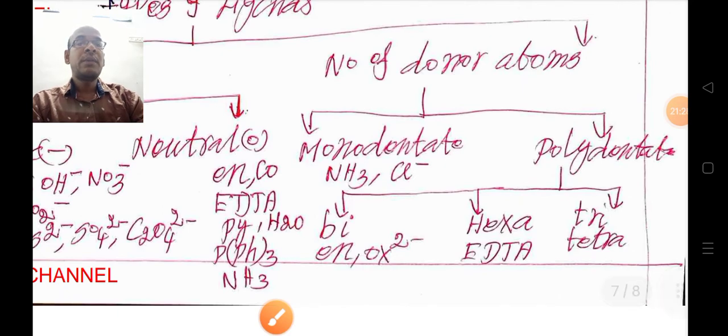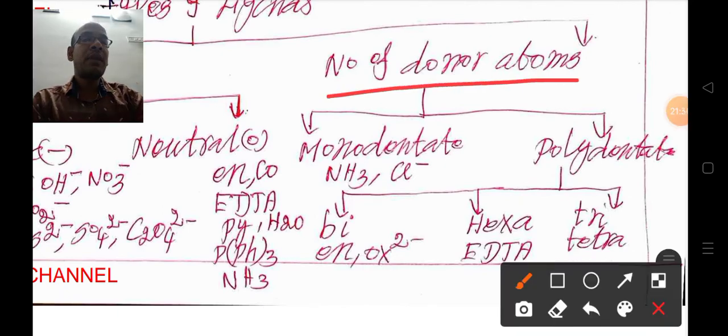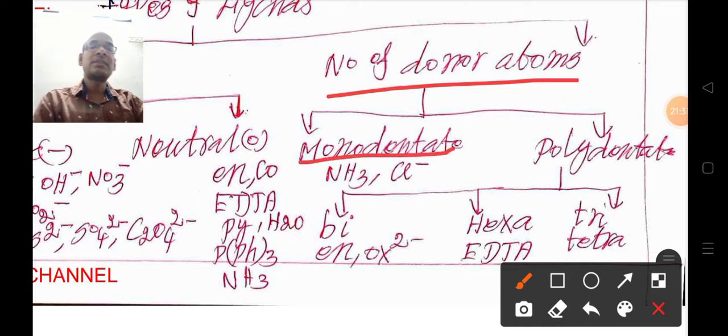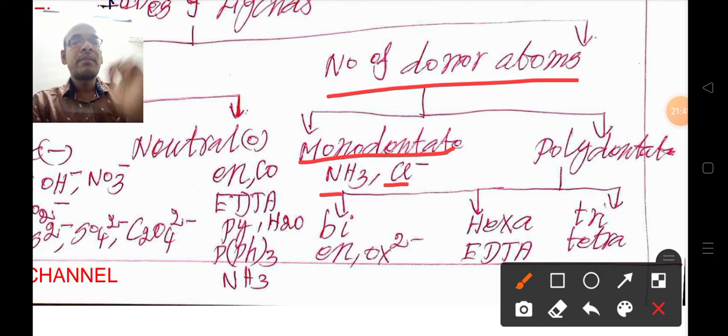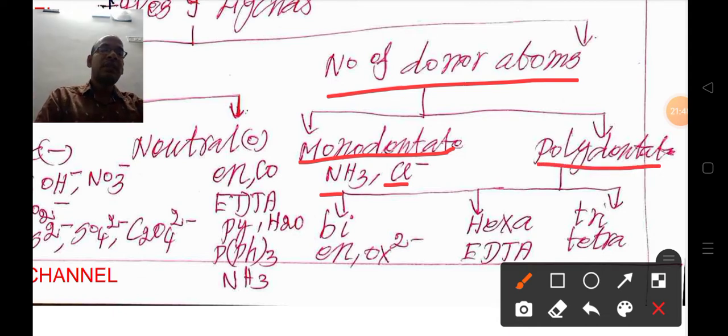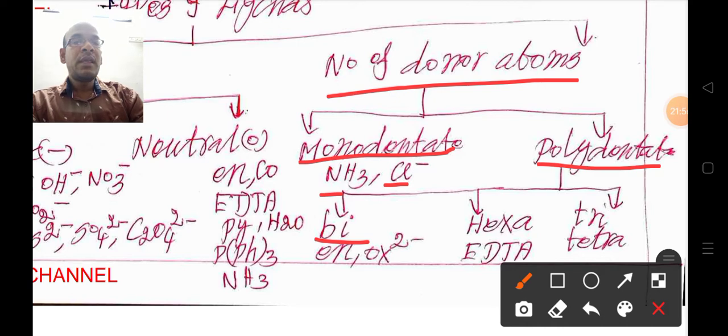Types of ligand based on the number of donor atoms, that is first monodentate ligands. These ligands have only one donor atom. Second, polydentate. Polydentate means these ligands have more than one donor atom. Bidentate means ethylenediamine and oxalate have two donor atoms, which is asked in the 1 mark question.